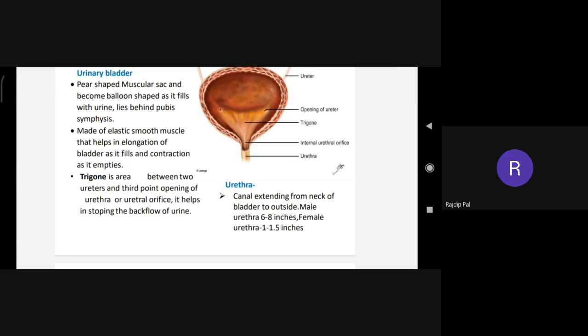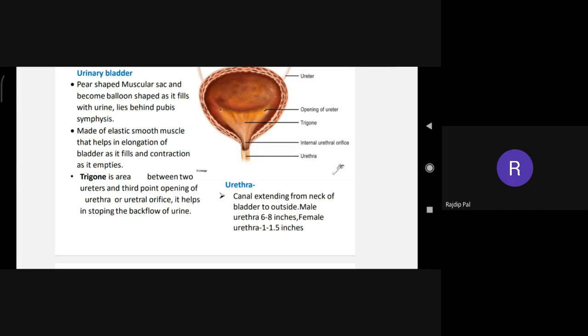Outside means outside of the body. Male urethra is about 6 to 8 inches in length, and female urethra is a bit smaller than male, that is 1 to 1.5 inches. So male urethra is a bit longer and female urethra is a bit smaller.